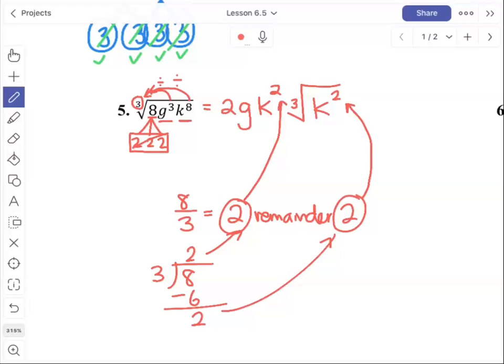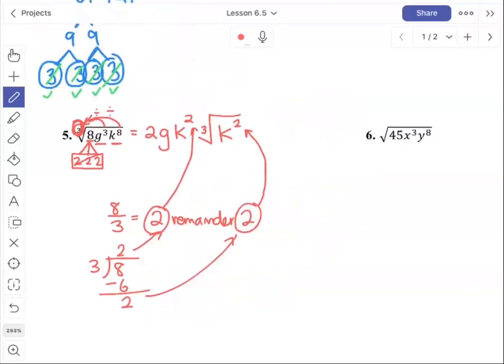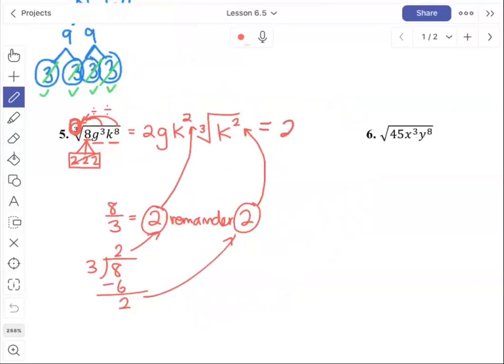That's another great answer. But if the index is odd, the 3 index, you don't even need to check. There's just no absolute values necessary. So final answer, let me write it a little more neatly without all the arrows. Final answer would be 2g k squared times the cube root of k squared.